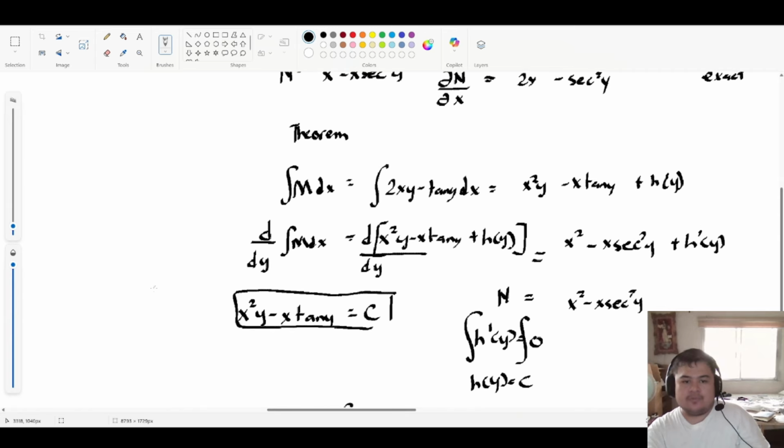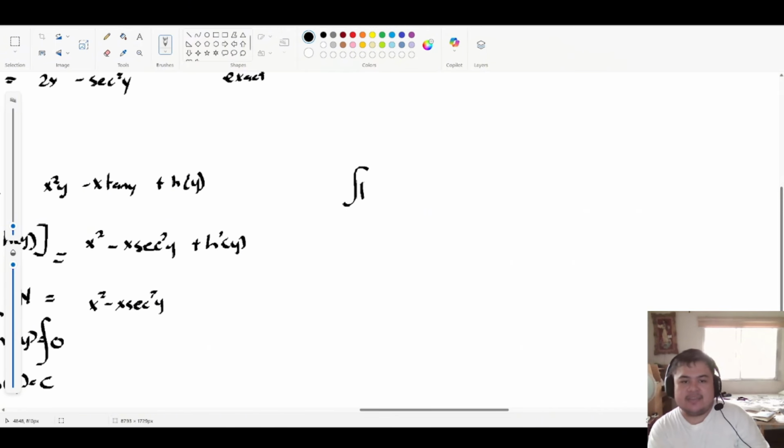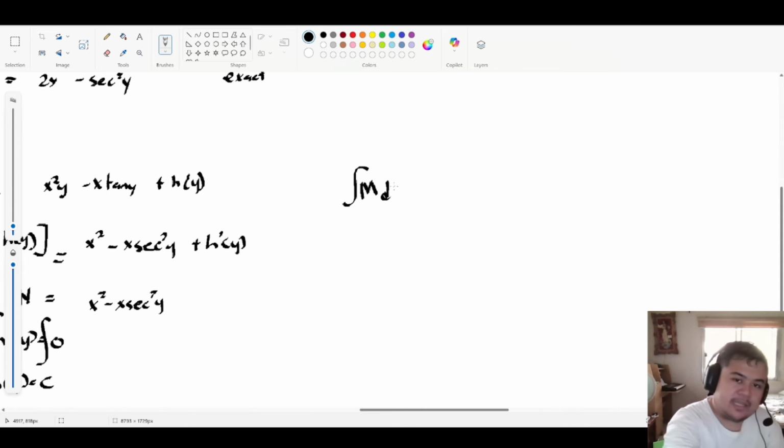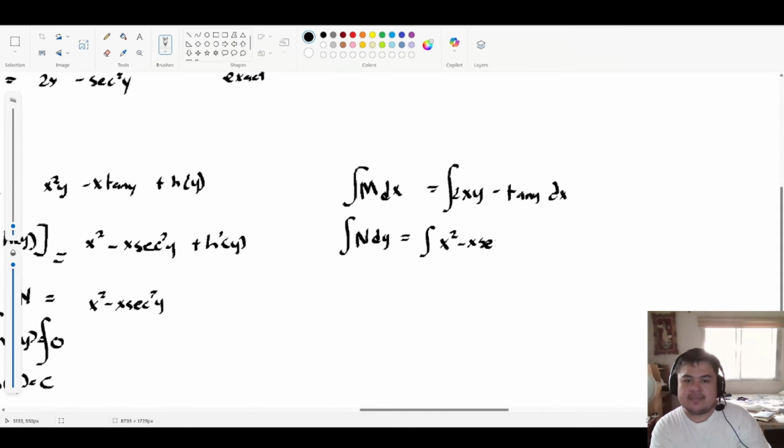Now for theorem 3, instead of integrating the right side and the left side, what we're going to do is integrate both sides. Okay? So integrate 2xy minus tangent y dx, and we're going to integrate x squared minus x secant squared y dy.